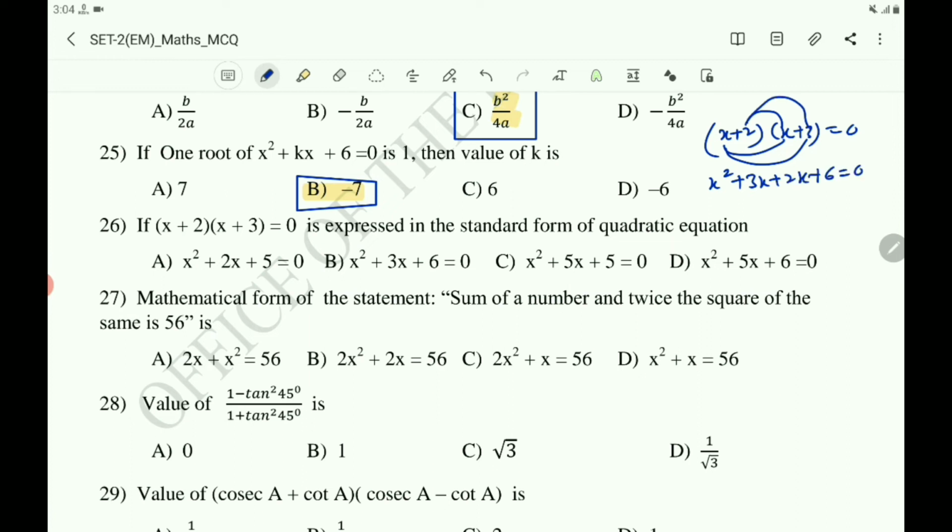You know the term by term multiplication. It is a multiplication of binomial with binomial. Then it becomes x square, 3x plus 2x is 5x, plus 6 equals 0.